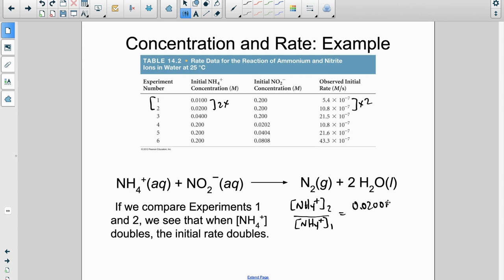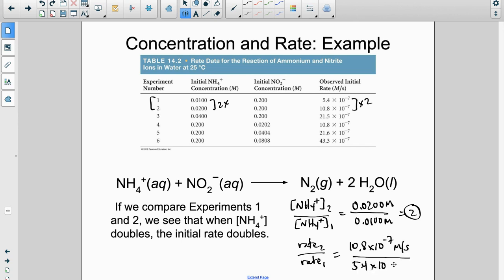Divide this out, that is 2. It has doubled. I can do the same thing with the rate: the rate of 2 over the rate of 1, 10.8 times 10 to the minus 7 molarity per second over 5.4 times 10 to the minus 7 molarity per second. Again, divide this out. This is also 2. So we can see that when this doubles, the rate doubles. It's done the same thing.